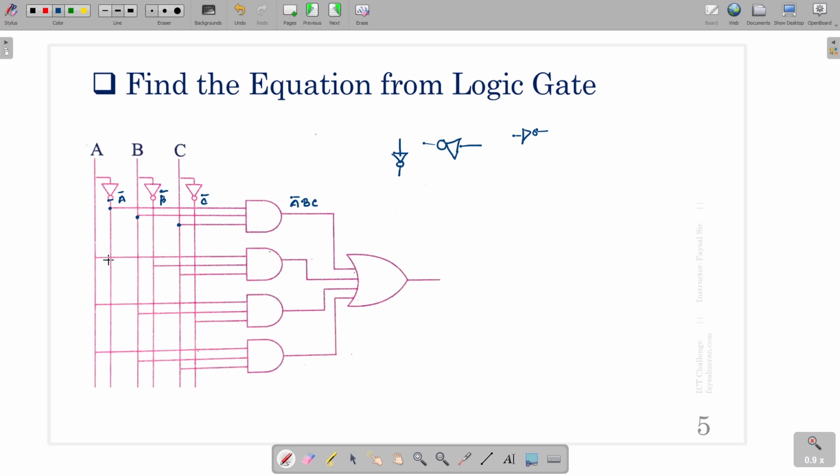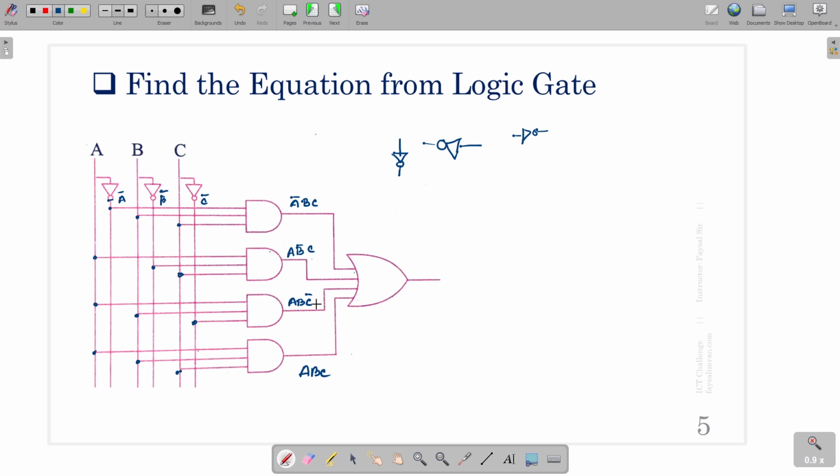Now another AND logic gate, so you will get A and B bar and this line C, that means A B bar C. So here we write A B bar C. Now A, B and this is C bar. So the result is A B C bar. Also here A, B and this line is C. So that means ABC.